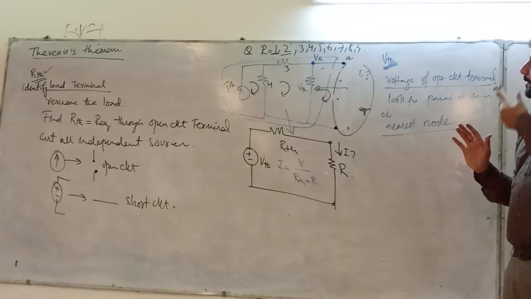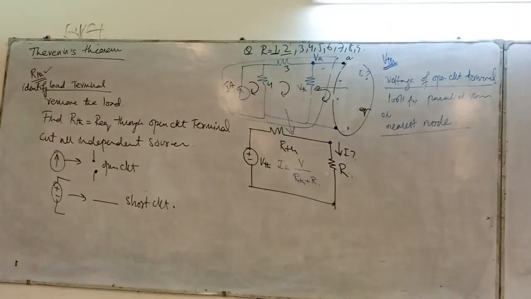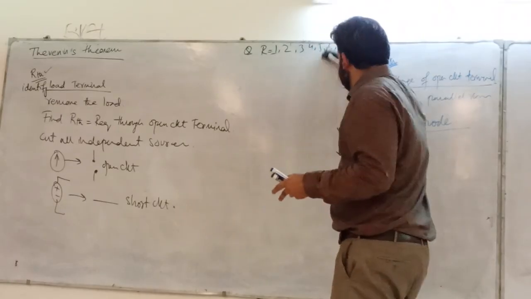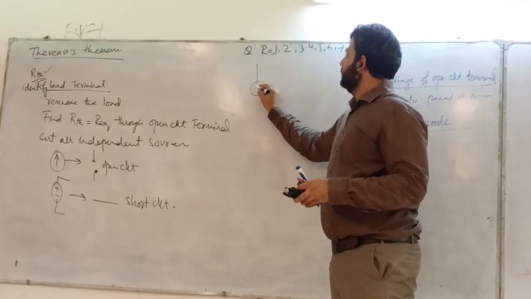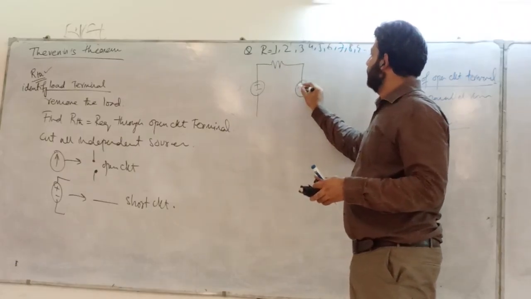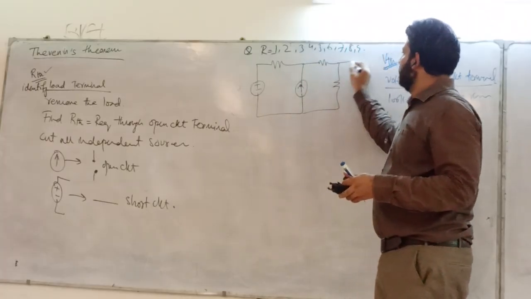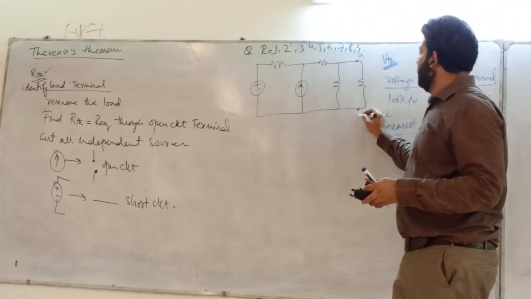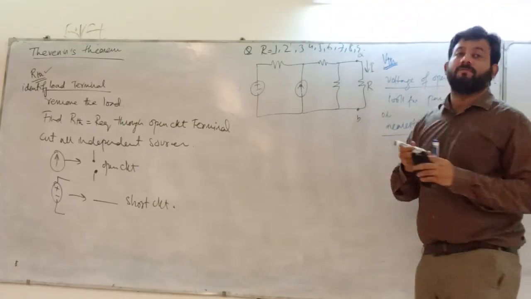Revision: whenever we get a circuit, we first see, for example, you have this circuit, these are the terminals A and B. This is the value R, and you need to find the current of it.